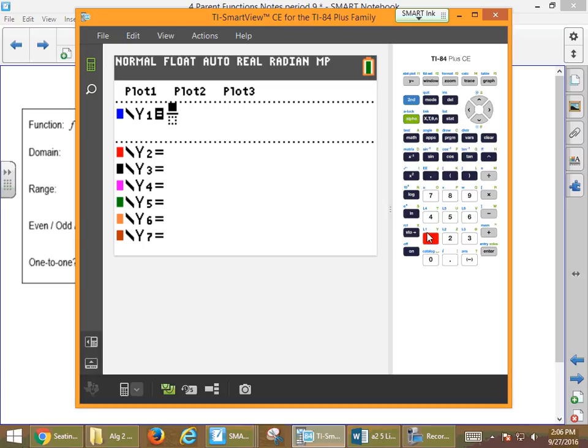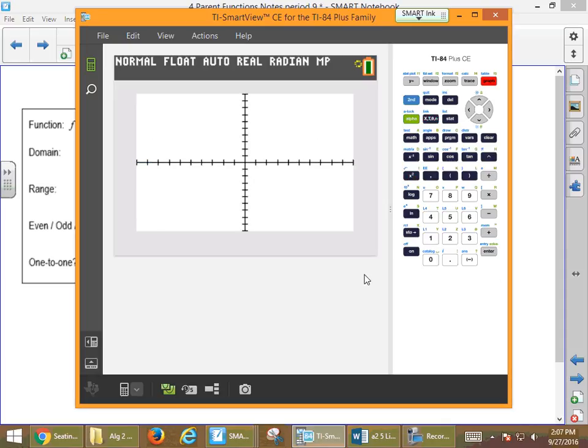But it's 1 over 1 plus x squared. And there's the picture.